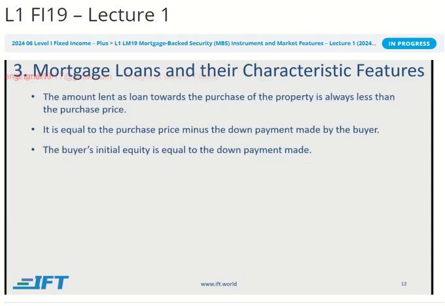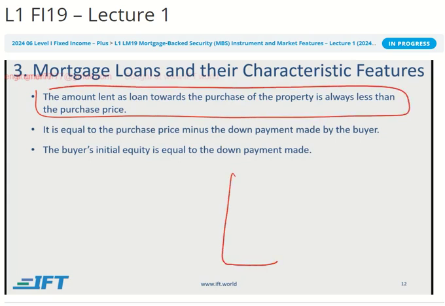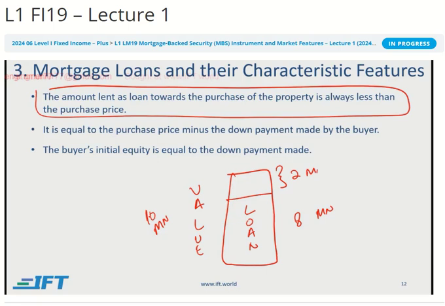Now, there is something which is called loan to value ratio. So let's say this is the value of the property, the loan will be smaller than the value. So if the value is 10 million, the loan will be, let's say, 8 million. So this buffer that you're keeping, 2 million, is there to absorb any losses in the value. If the value goes down, because let's say the housing market is going down, at least your loan amount is less than the value.